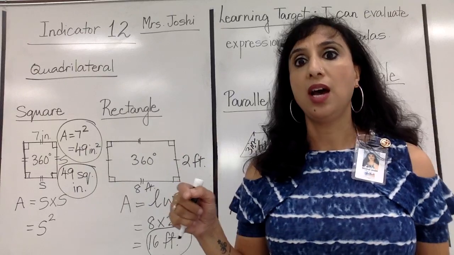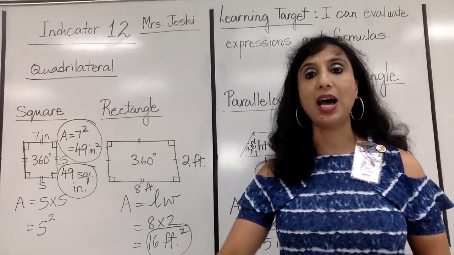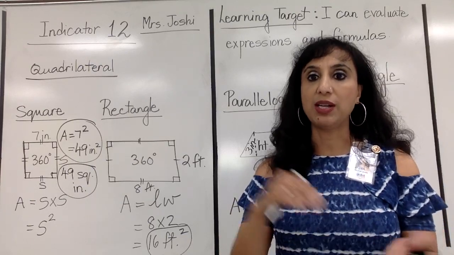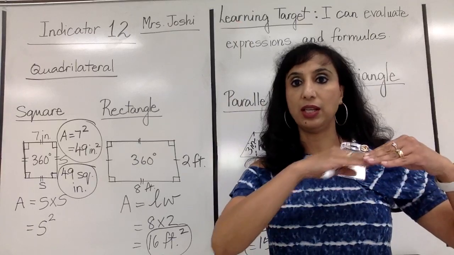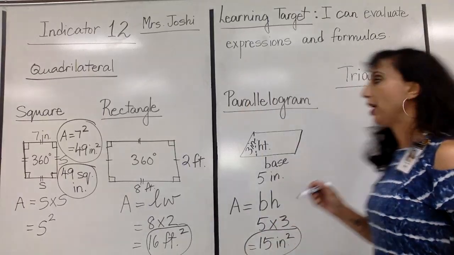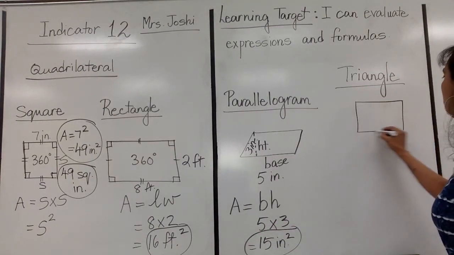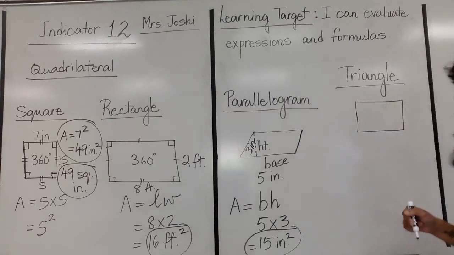So, remember we said that every quadrilateral, it's either length times width, or it's base times height, or it's going to be side times side. But literally you're just multiplying, the base times the height, or the length times the width, or the side times the side. Now let's look at what happens. Let's say I had a rectangle, or any quadrilateral for that matter.